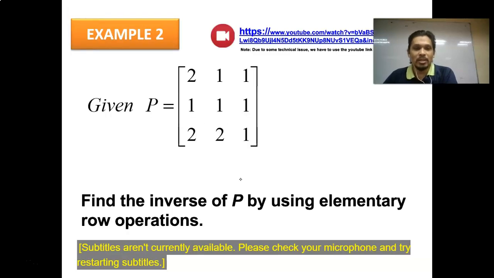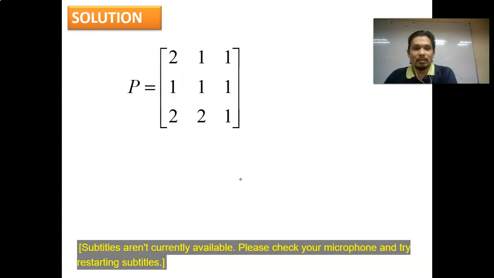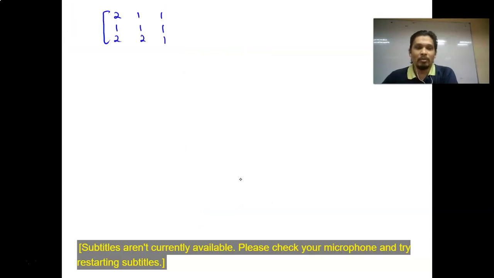So what's the question? Find the inverse. I'm going to combine this with the identity matrix, so it's an augmented matrix: 1 0 0, 0 1 0, 0 0 1.